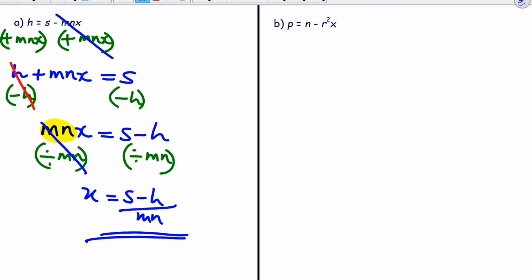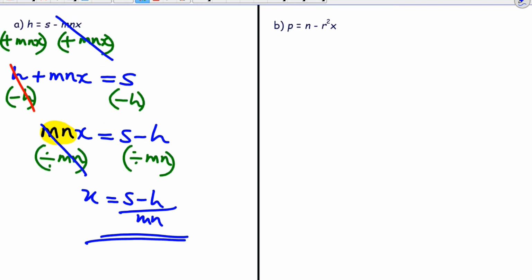Okay, on the right hand side, you have p is equal to n minus r squared x. Now, we shall just use the same process. Add r squared x plus r squared x.